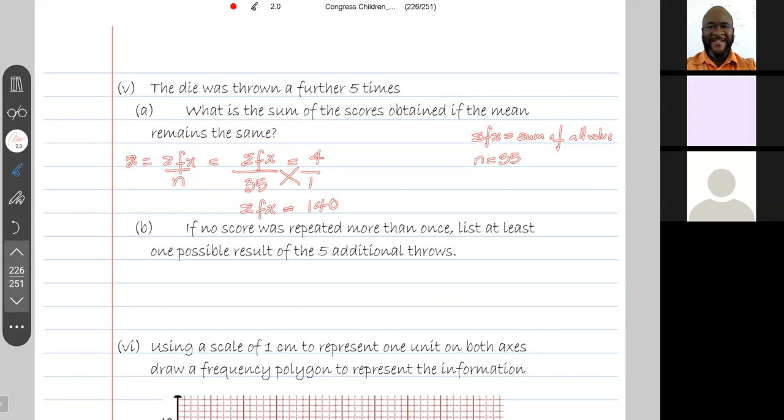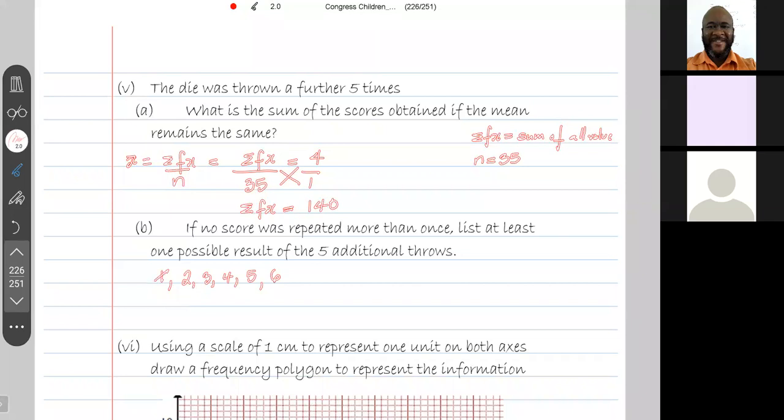Here it is. If no score was repeated more than once, list at least one possible result of the 5 additional scores. So what we need is 5 scores that add up to 20. I have 1, 2, 3, 4, 5, 6.